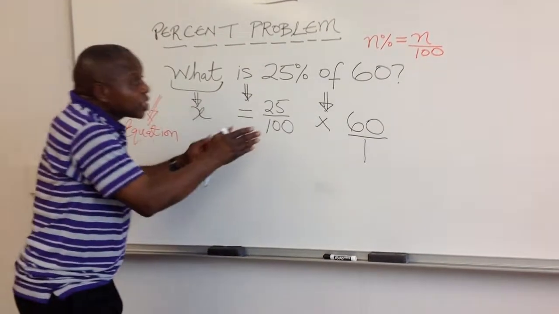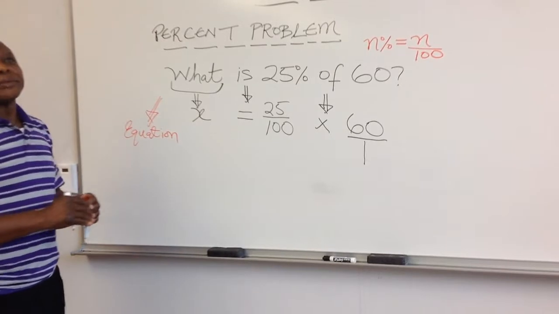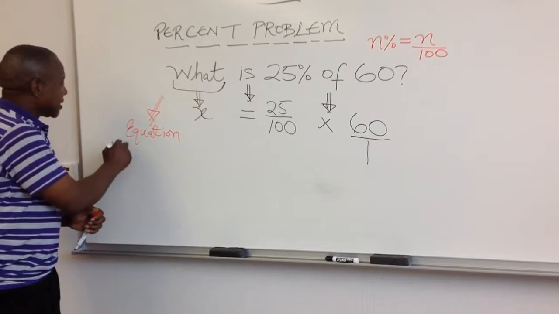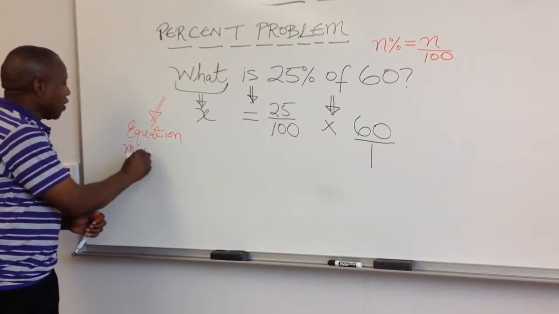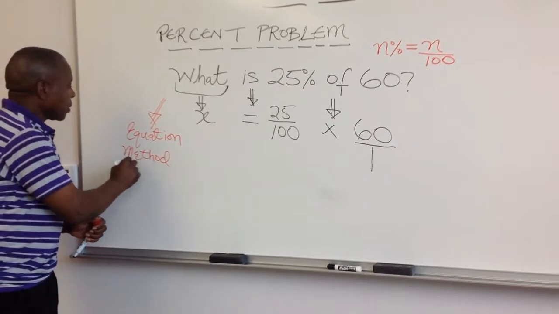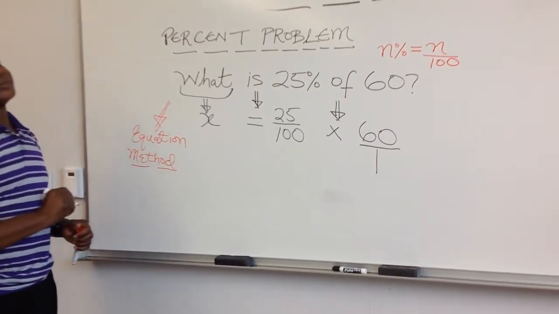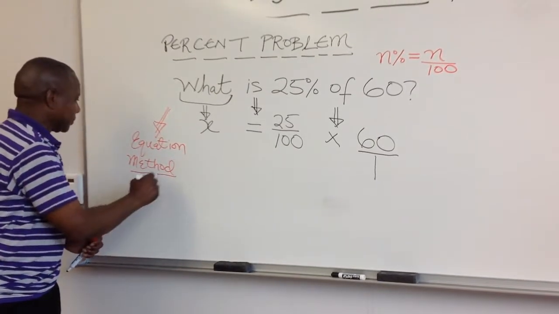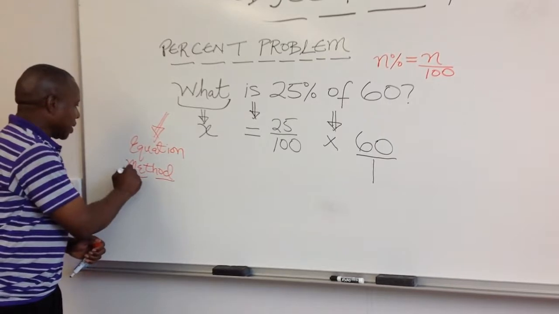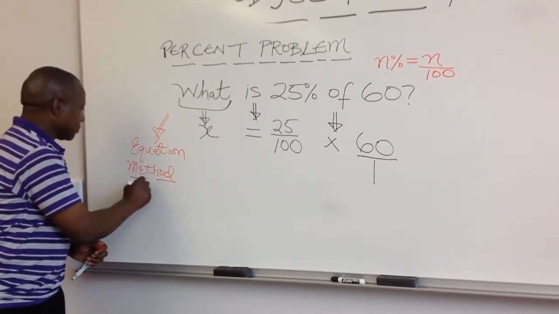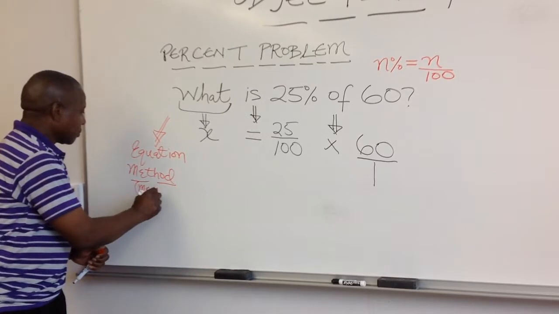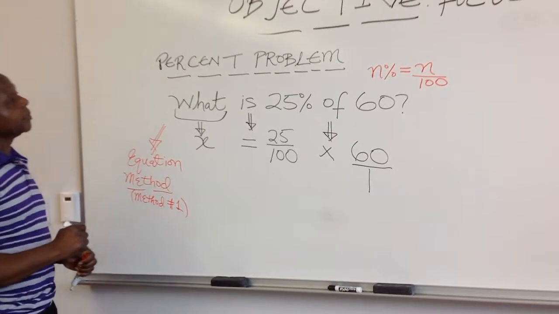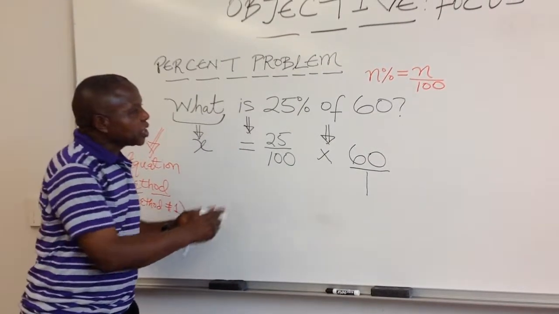You can see that this is the path we're headed, but for the sake of record, let us note again that what we're doing here is solving percent problems using the equation method. So this is what I'm calling method number one. The equation method.